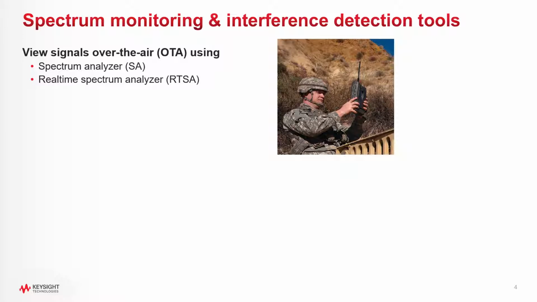There's some other types of equipment, some specialized radio receivers and things like that can be used, but typically those type of devices are really only validating whether the system works or not, but it doesn't really troubleshoot if there's a problem. A spectrum analyzer is really the best tool because you can look at the spectrum and you can look for things that don't belong, and we'll see that as we run through the demos here in a minute.